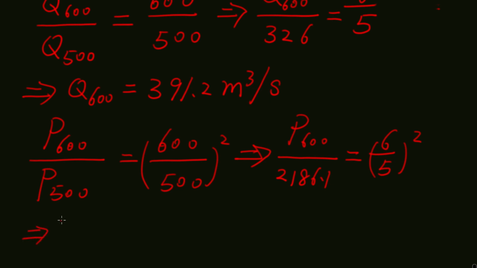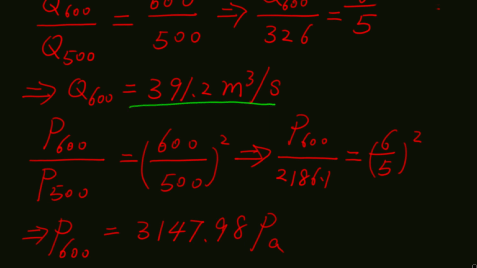We can solve pressure 600, that equals 3147.98 Pascal. Therefore, after increasing the speed, the fan's operating point is quantity 391.2 cubic meter per second, and the pressure is 3147.98 Pascal. That is all for this tutorial.